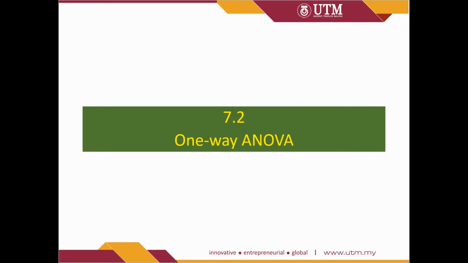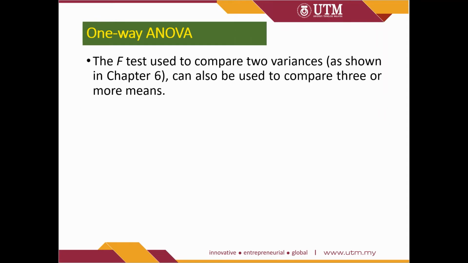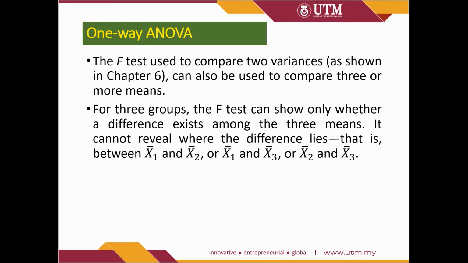Previously, we used the F-test to compare two variances, as shown in chapter 6. This F-test can also be used to compare three or more means. For three groups, the F-test can show only whether a difference exists among the three means, but it cannot reveal where the difference lies.